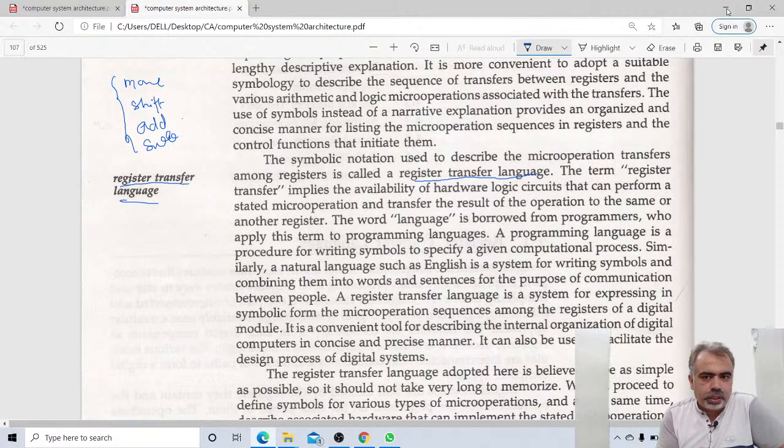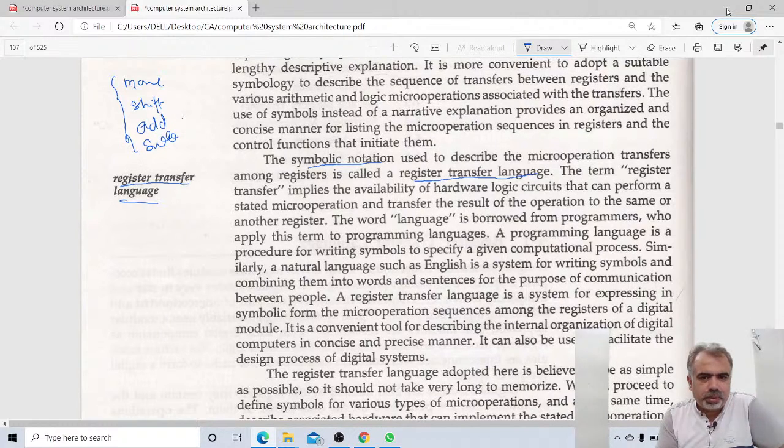But we call it language because it is a symbolic notation for mentioning some sort of operations. Sometimes students are confused why it is called language, since it is a symbolic notation of representing the micro operation.